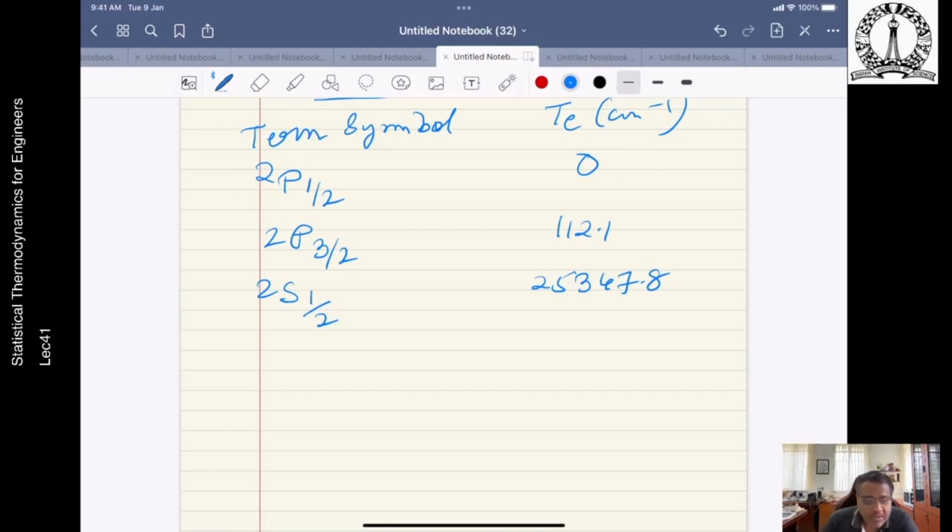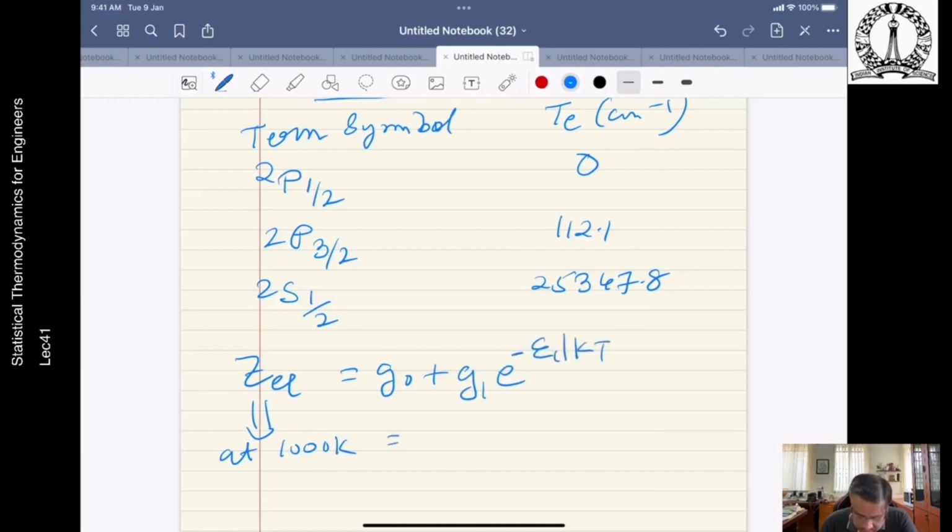Okay, so this electronic partition function evaluated at 1000 Kelvin will be g0 plus g1 exponential of minus e1 by kT, which is equal to 2 plus 4 exponential of minus 1.4387 into 112.1 divided by 1000 Kelvin.